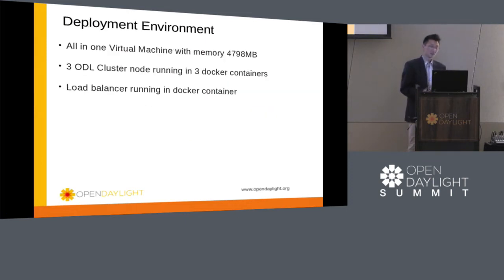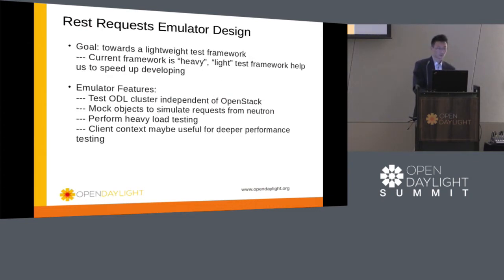We deploy this all-in-one in a virtual machine with almost 5 gigabytes of memory. The 3 OpenDaylight nodes each run in a Docker container, and the load balancer runs in a Docker container as well.